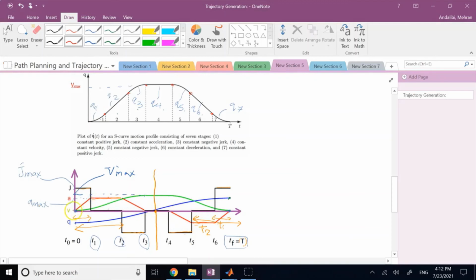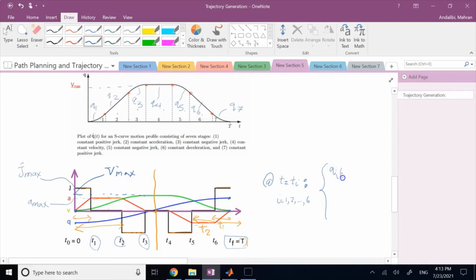Okay, so at t equal ti, where i is from 1 all the way to 6, not the first one, not the last one, at each t equal ti, I should have 3 conditions.